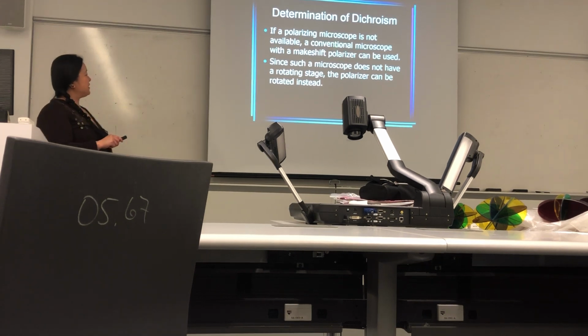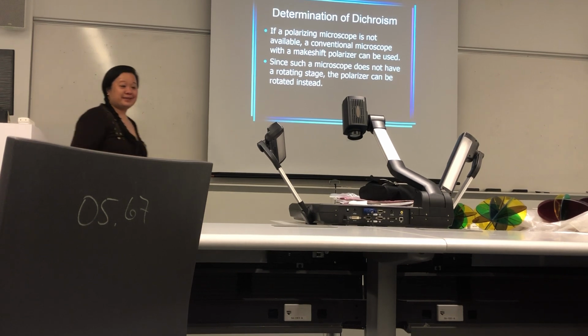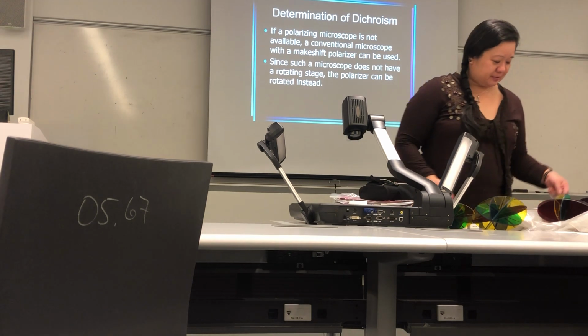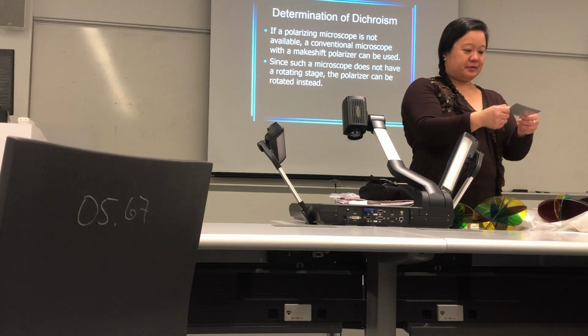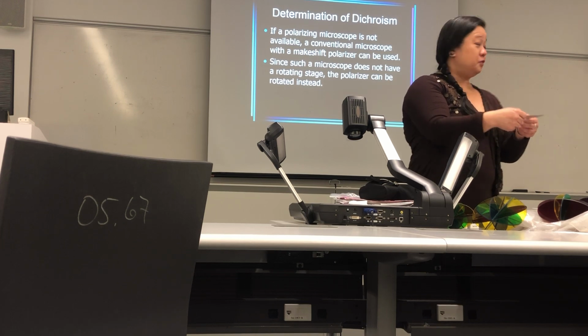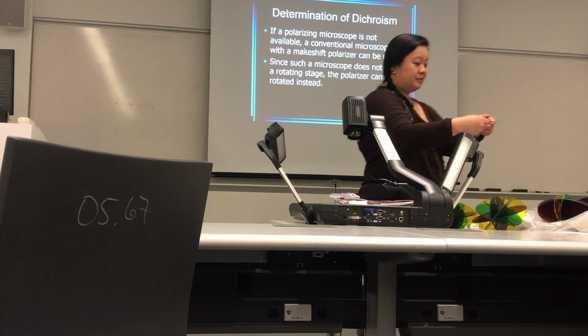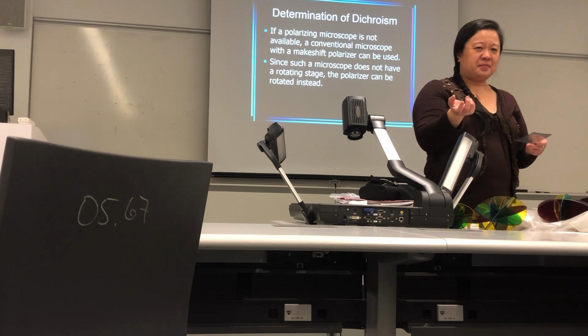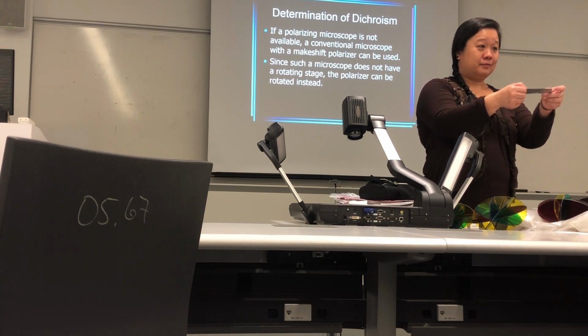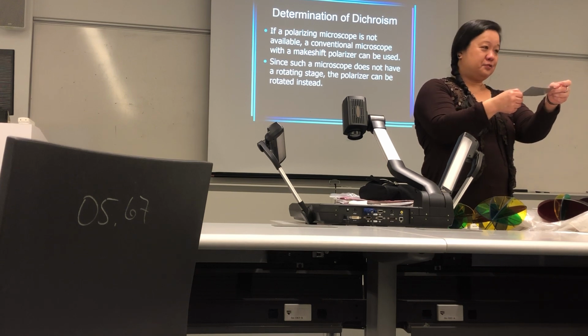If a polarizing microscope is not available, you can use a compound microscope, and you just stick one of these in the path of the light on the bottom. With those compound microscopes you can't rotate the stage, but you can just do the same thing.